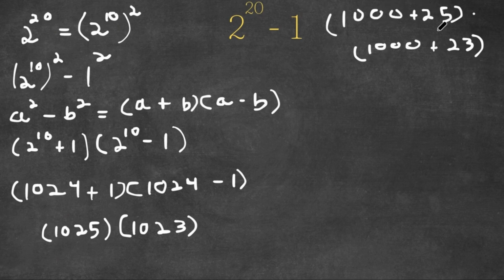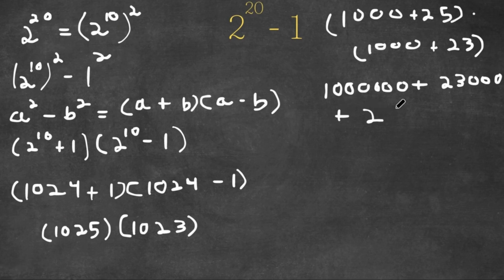So for (1000 plus 25) times (1000 plus 23), we're going to multiply 1000 with 1000 and 1000 with 23 first. So 1000 times 1000 is going to be 1 million, so 1 with 6 zeros. Plus 1000 times 23 is 23,000. Plus, now we're going to do 25 times 1000, which is 25,000.